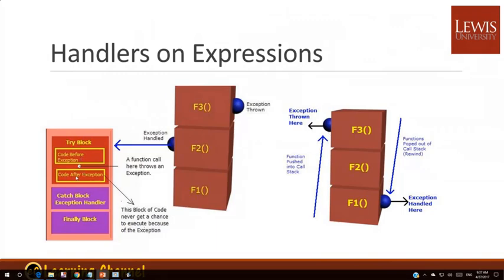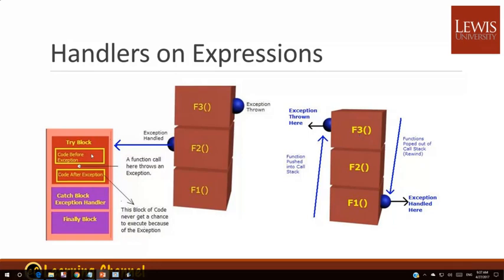Your try block is the normal execution flow, and your function 3 may throw an exception, and once it throws an exception, it will be propagated to its parent to see if there is a handler. If not, it will go to its grandparent. Say in F1, it may handle the exception generated by F3.